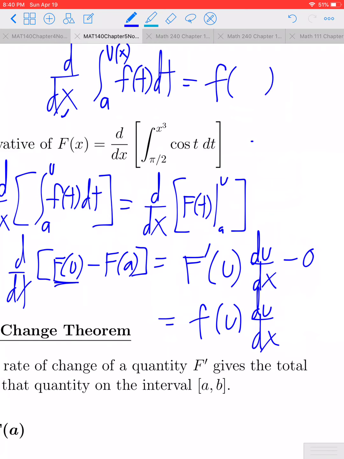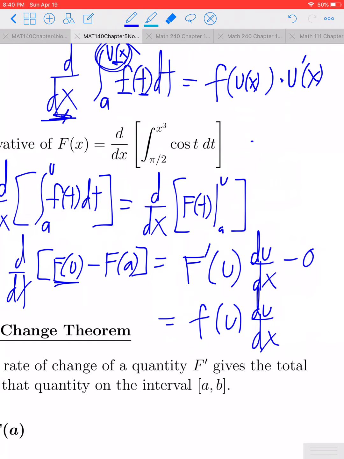Well, it's simply the integrand evaluated at the upper limit of integration. But then from the chain rule, because the last thing we're doing is taking a derivative, you then need to multiply by the derivative of that upper limit of integration.